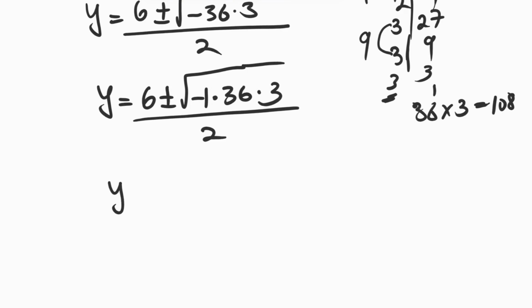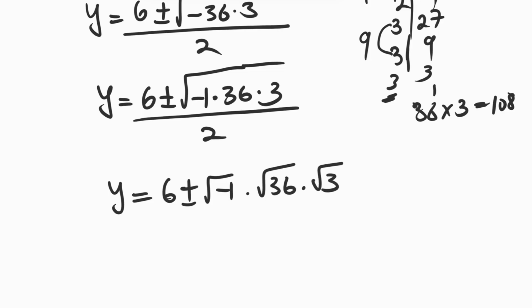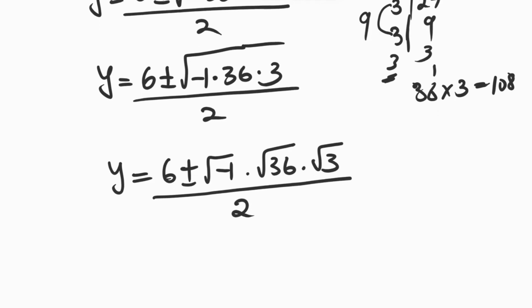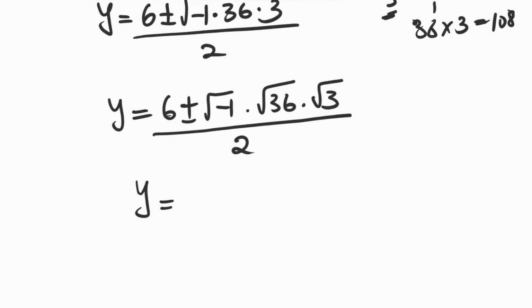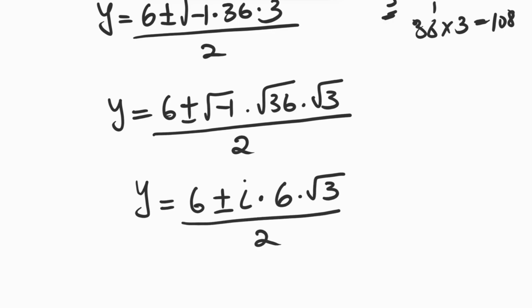So y is equal to 6 plus or minus, put them all in separate square roots. So we have root of minus 1 times root of 36 times root of 3, all divided by 2. Now our y is equal to 6 plus or minus, square root of minus 1 is i, and times root of 36 is 6, and root 3, all divided by 2.